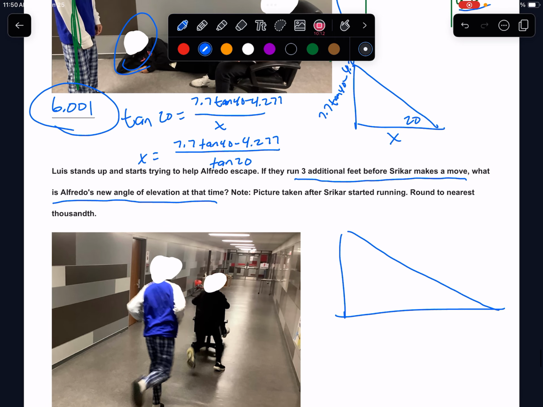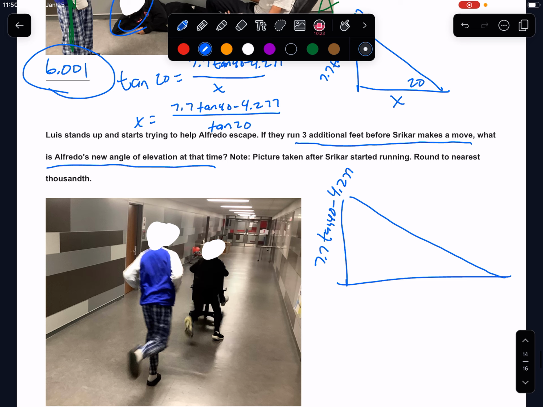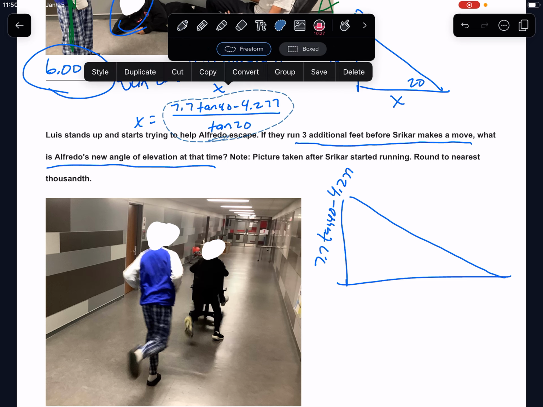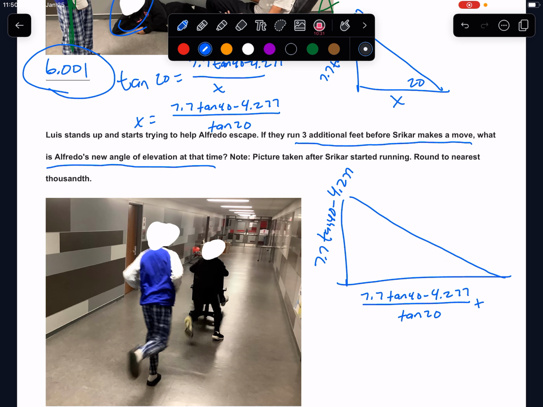It's still going to be 7.7 tan 40 minus 4.277. But this, I'm not going to rewrite all that. I don't know what I'm doing here, guys. Look at all this writing. Okay, I'm going to copy this. But this side is going to be all of that plus 3. So he ran 3 feet away before he moved. What is the new angle of elevation?